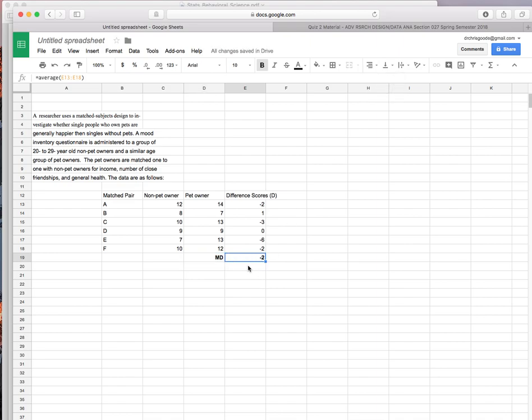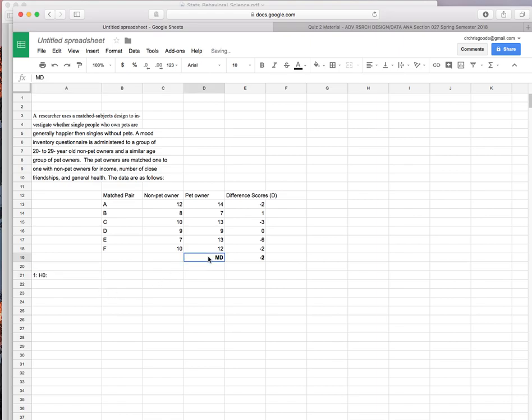The t-statistic is going to allow us to see if this is significantly different from 0. In a null hypothesis testing situation, the first thing we're going to do is state the null hypothesis. In this case, we're not concerned with two means, we're only concerned with one mean: the mean difference score.